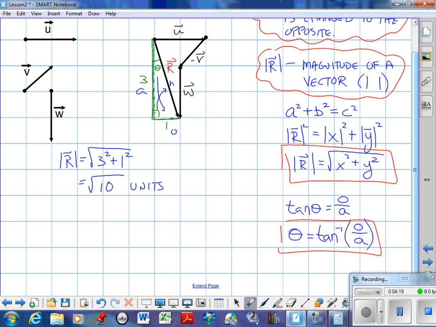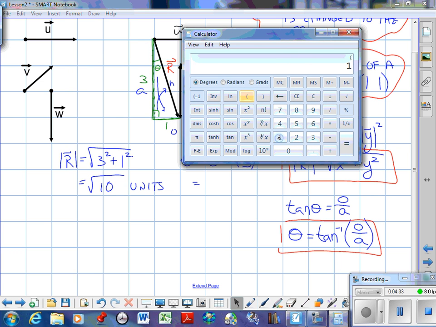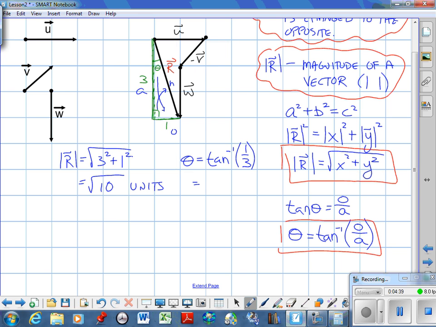All right, so in that case then, for our triangle here, theta equals tan inverse of O over A, so tan inverse of 1/3. So calculating that, 1 divided by 3, inverse tan, and we get 18.4 degrees.